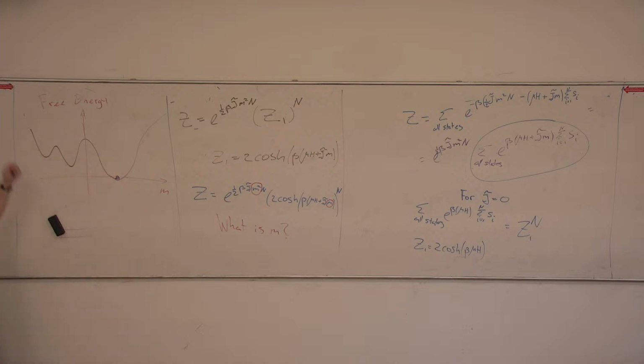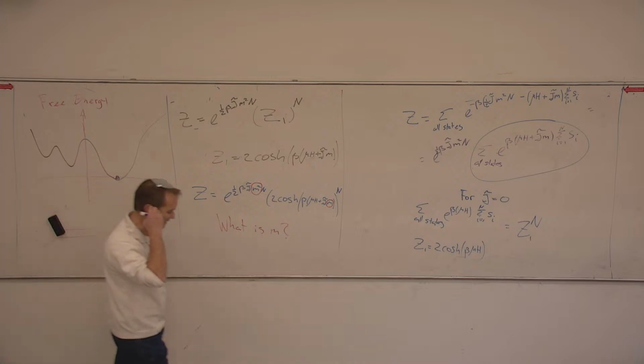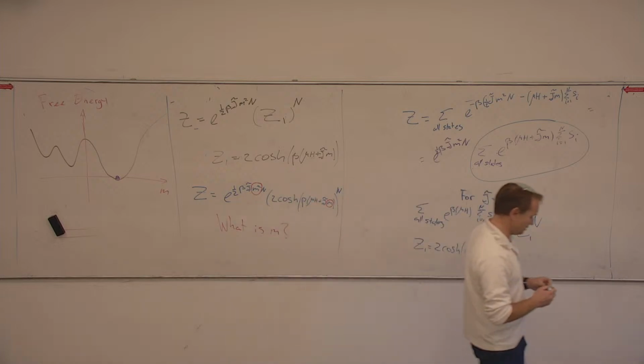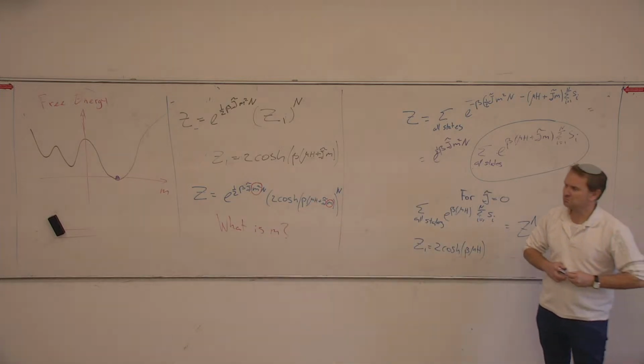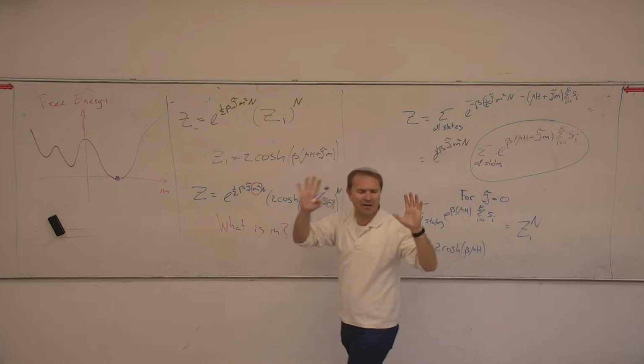Okay? So if you think about it as a hilly highway, and this is your car, the car is going to be stuck at the lowest point of this thermodynamic potential.